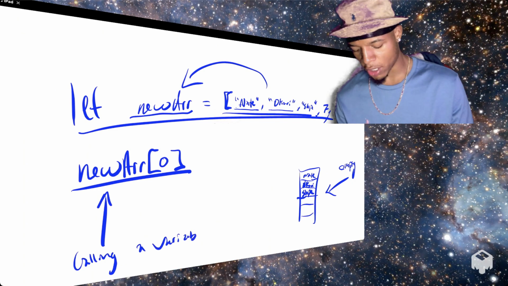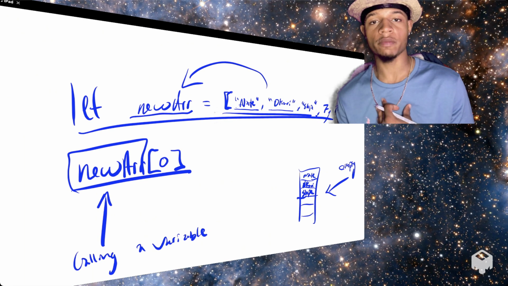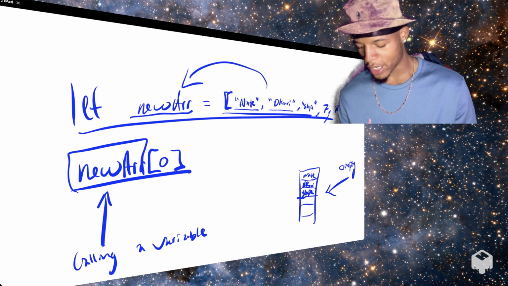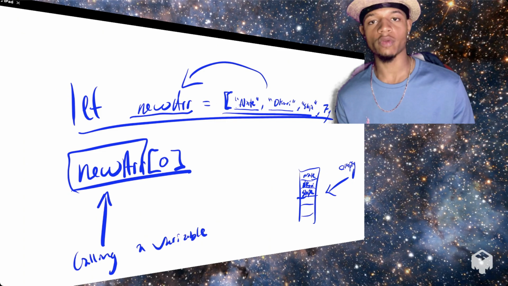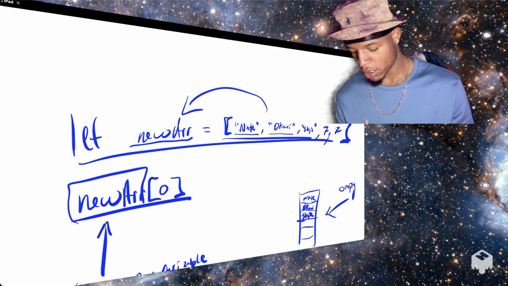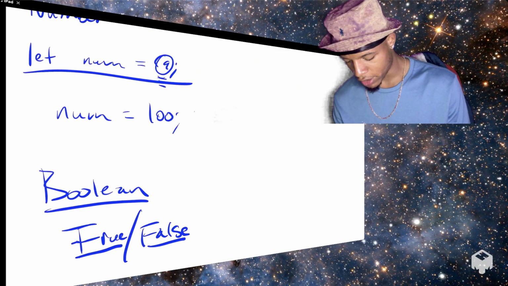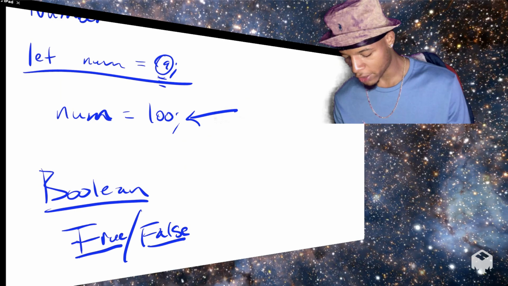When you call a variable, basically you say its name. So if somebody wanted to call me, they say Nate, and I'll be like, yo. So if I want to call new array, I say new array, and new array is gonna be like, yo. I actually didn't mention earlier that you can call any variable that you declare.